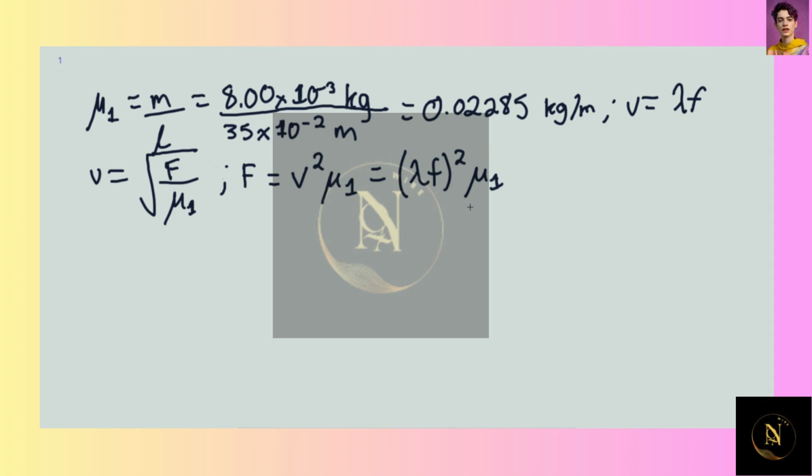At this point, we can make it a little bit easier. We don't have a wavelength, so we're going to have to find the wavelength using this relation. This is the wavelength of a transverse wave, so it'll simply be 2 times the length of the string.